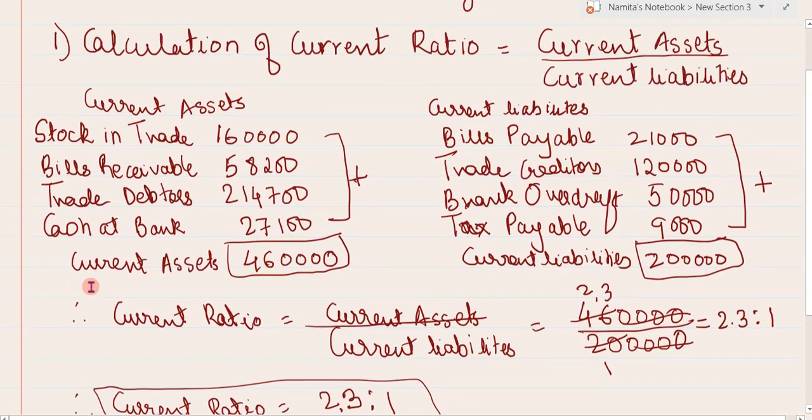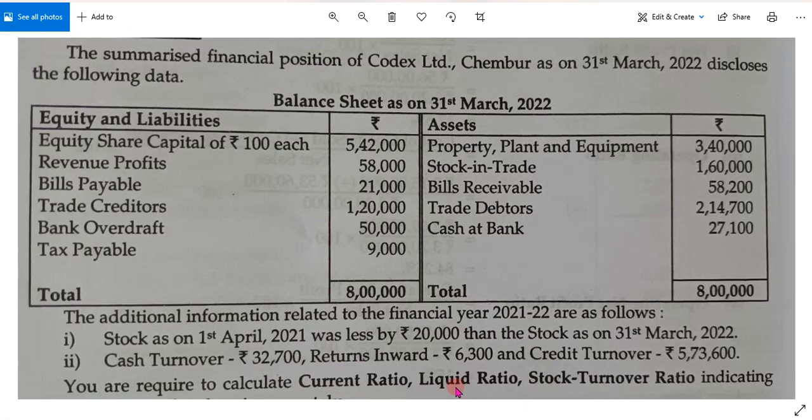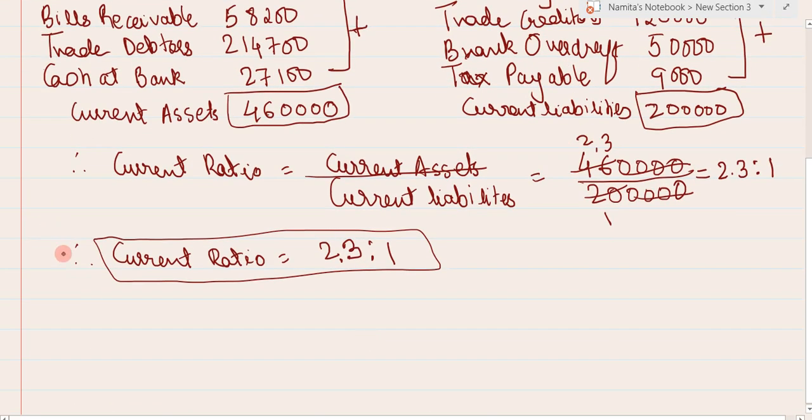Now after current ratio, we need to calculate liquid ratio. Now the liquid ratio formula is, second, calculation of liquid ratio.